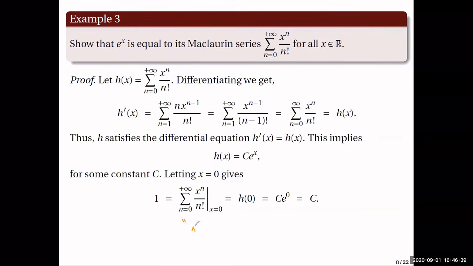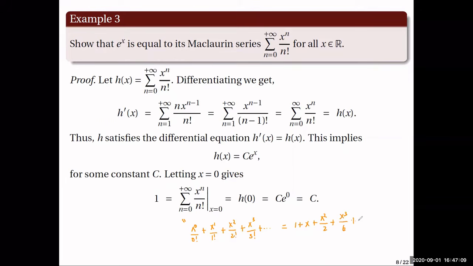So we have x to the 0 over 0 factorial plus x to the 1 over 1 factorial plus x squared over 2 factorial plus x cubed over 3 factorial and so on, which is equal to x to the 0 over 0 factorial is 1, plus next term is x plus x squared over 2 plus x cubed over 6 and so on.